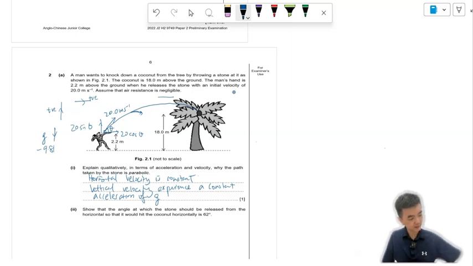And in this case, your g would be 9.81 meters per second squared. So that's for part one.